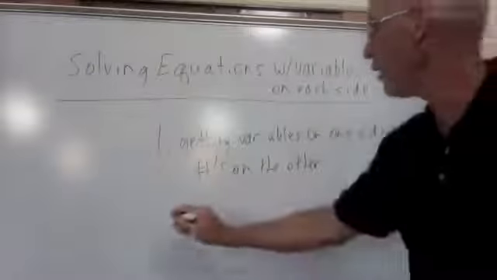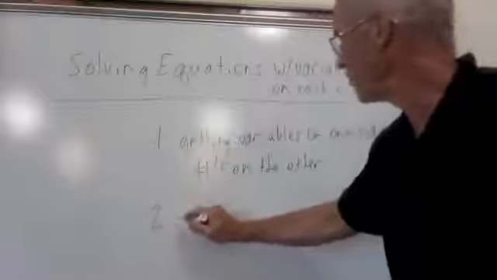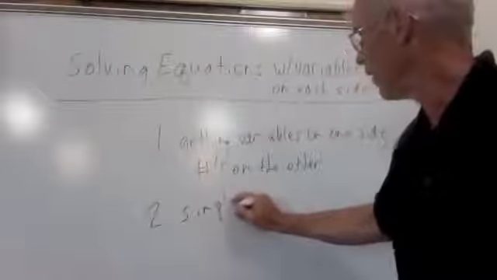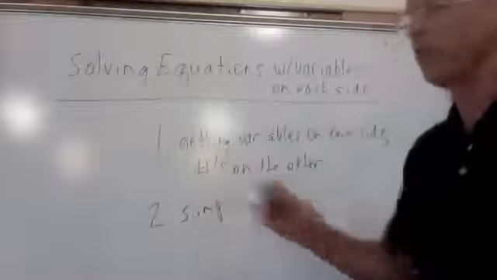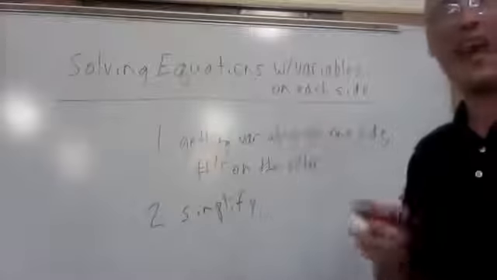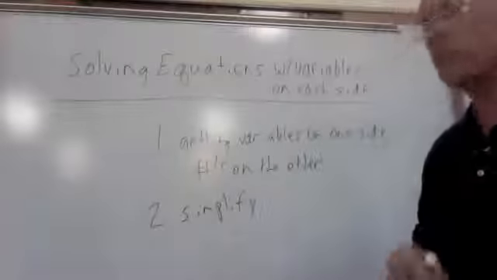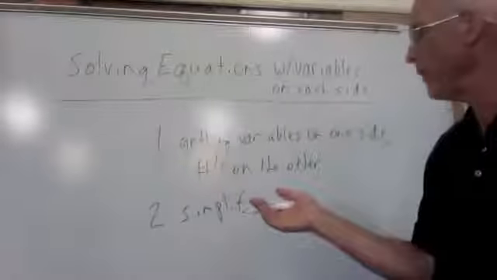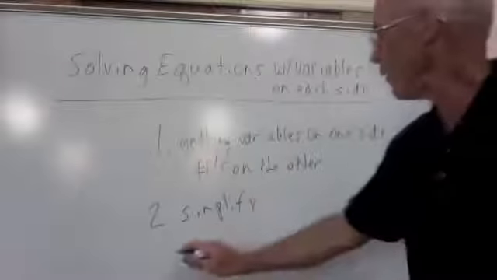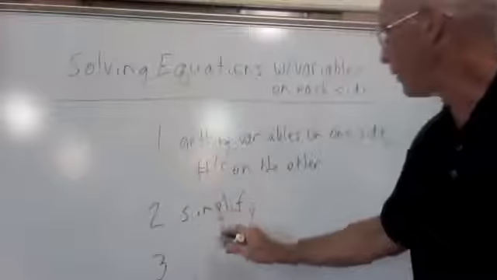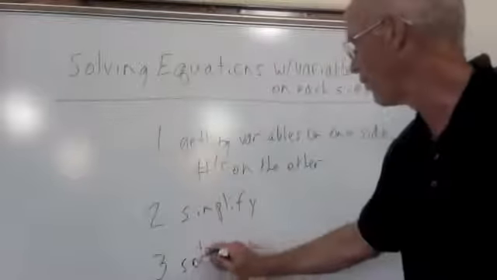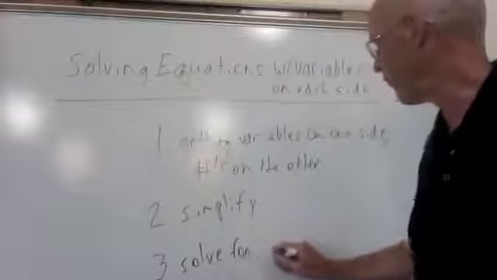Now to get there, you might first have to simplify. Like ours, we had 2 numbers on one side, and it would have been nicer to add those together and get them together. But you could do that afterwards like I did. It doesn't matter. And then the last thing is you're going to solve for the variable.